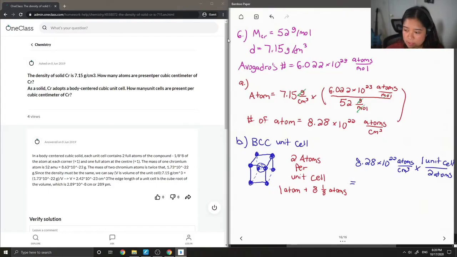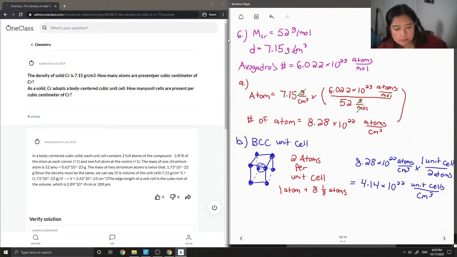And then you end up with 4.14 times 10 to the 22. And then the units are unit cells per centimeter cubed.